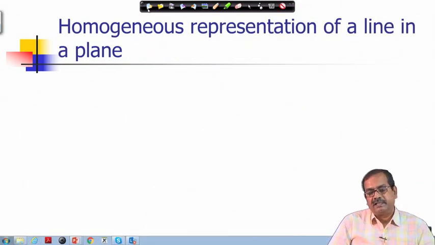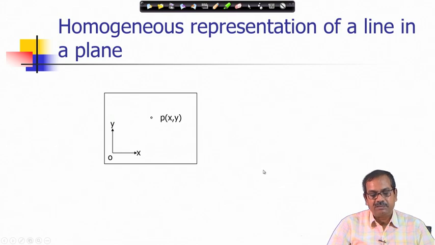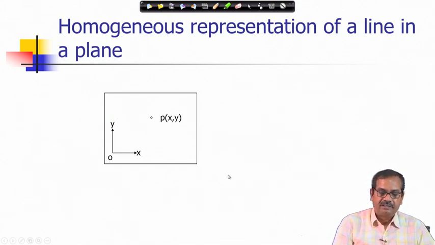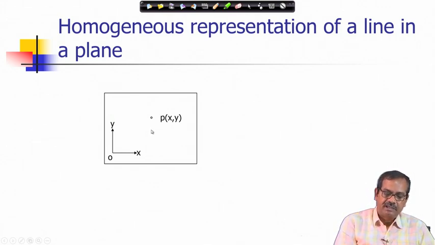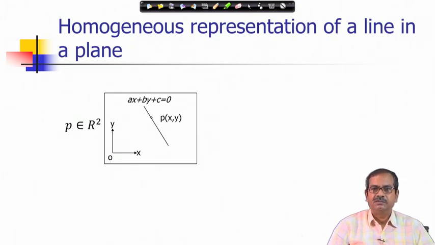Let us understand another fact, that is the homogeneous representation of a line in a plane, and let us see how lines are represented here. Say once again you consider a two-dimensional real space, and P is a point, and consider a line through this point, which is represented by our familiar straight line equation, Ax plus By plus C equals 0, where A, B, C are parameters of the straight line.